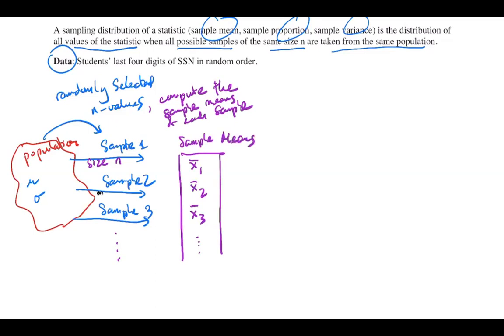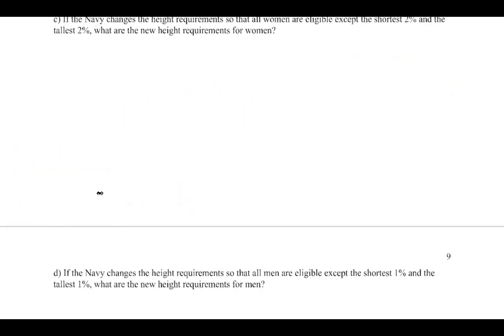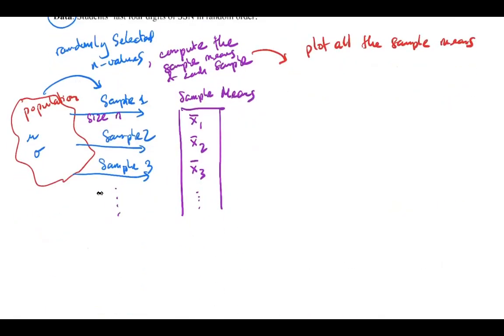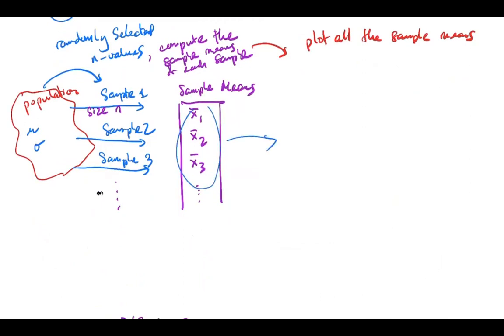And then the next step is to plot all the sample means. What that means is we're going to plot all of these x bars here. Okay, let's go ahead and plot that. It turns out that if we were to do that, these x bars will look like this here.